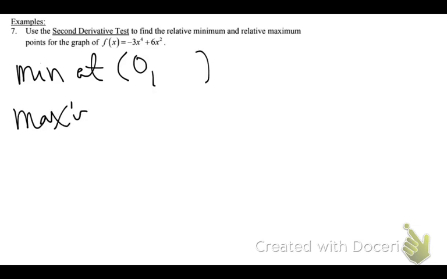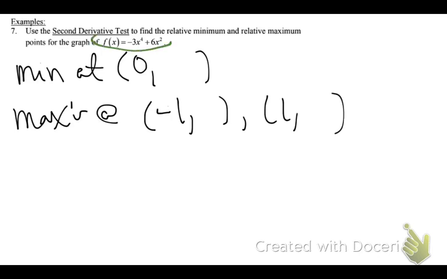So we said we have a min at x is 0, and we have relative maxes at -1 and 1. So plugging that into the original function to get our y coordinate, plugging 0 in, we get 0.